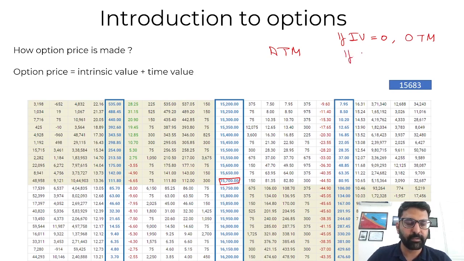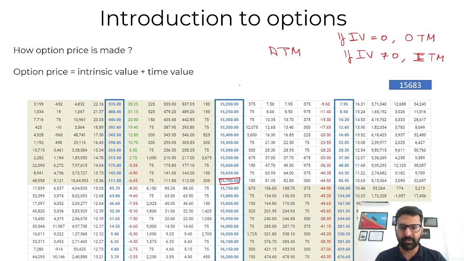And if the intrinsic value is not equal to 0, it will be either ATM or ITM, right? ATM might have, like in this case, if you look at the 15,700 call, on the call side there is no intrinsic value, but on the put side you have some intrinsic value, right? Because the spot is trading below 15,700. So if intrinsic value is not equal to 0, it will be either ATM or ITM.